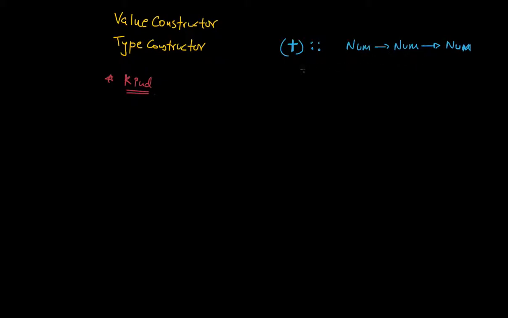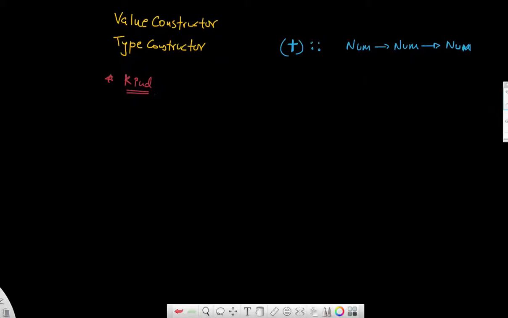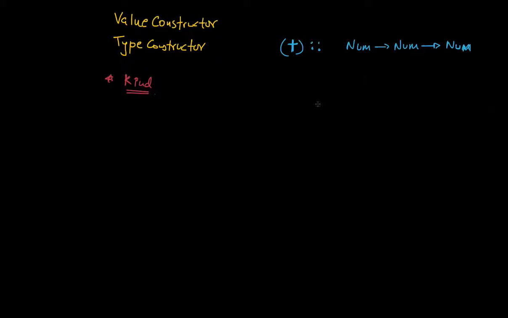So everything in blue over here is my type world. And if I make a transition to my value world, and say, okay, let's actually use and create some values out of this function.